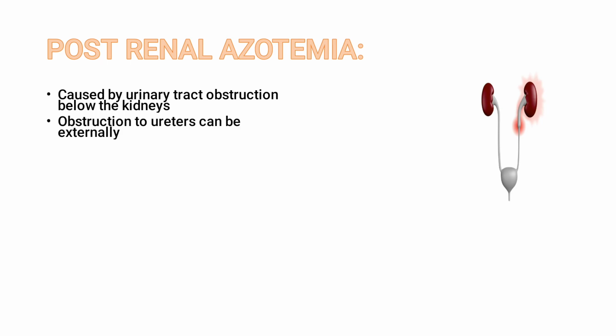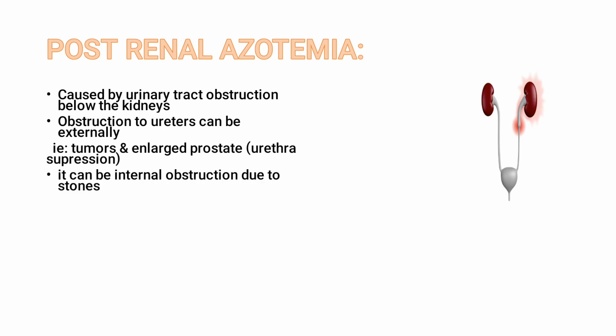Come to the post-renal azotemia. This is caused due to obstruction of the urinary tract below the kidneys. Now remember, this obstruction can be external, by means of enlargement of tumors and enlarged prostate in the case of male, where the urethra is being suppressed.